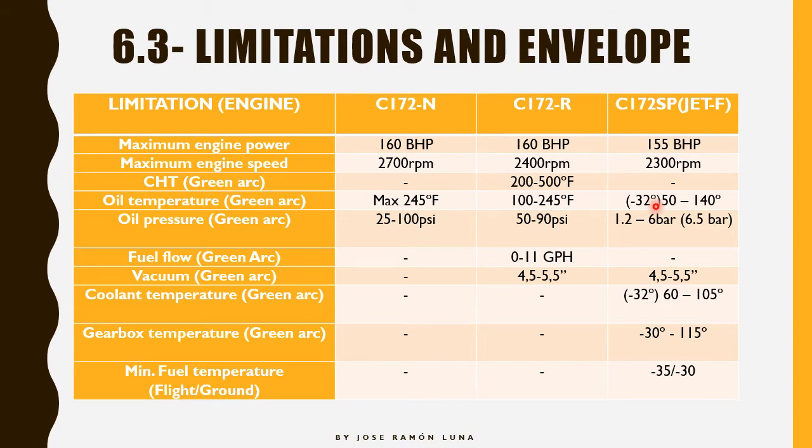This is going to be, as we talked about, in the fuel system, because jet fuel produces paraffin when it's too cold. We don't want the fuel to become slushy, right? We want the fuel to actually flow. So if the oil is at minus 32 degrees and you start that engine, you're actually going to be cooling that fuel too much. So that's one of the principal differences right there.